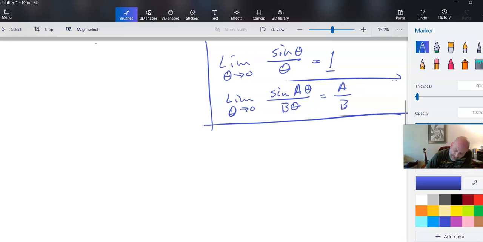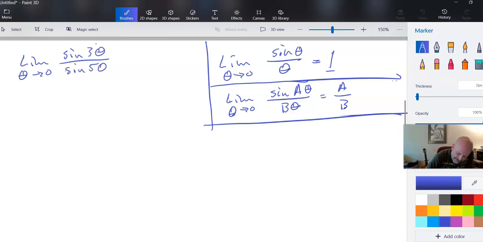All right, now let's look at another one. So let's say we have the limit as theta approaches 0 of sine 3 theta over sine 5 theta.